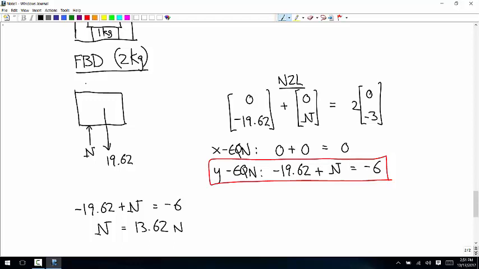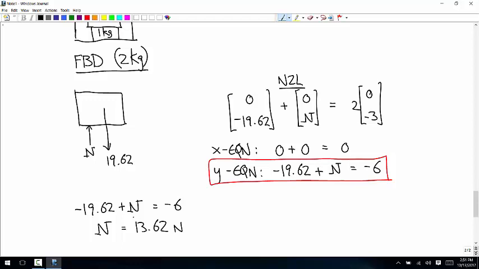Okay, so the force vector applied to the 2 kilogram box by the 1 kilogram box has a magnitude of 13.62. Is it directed up or down? Up, because we knew it was up here.